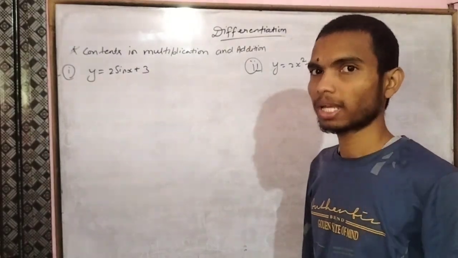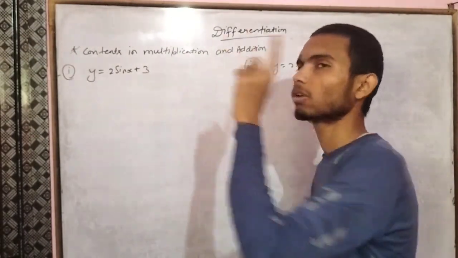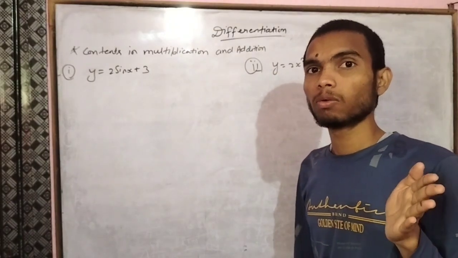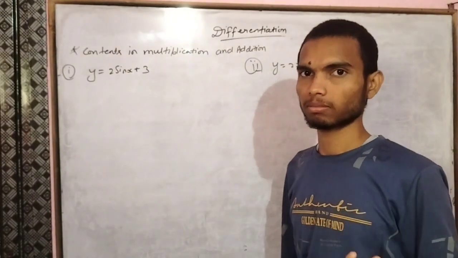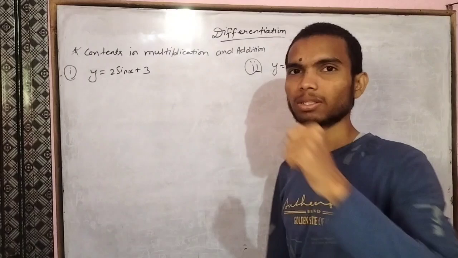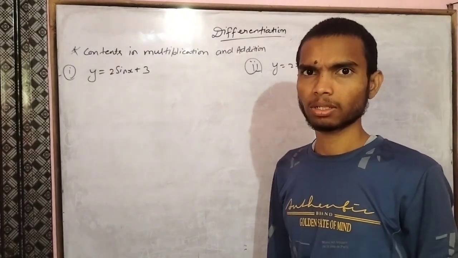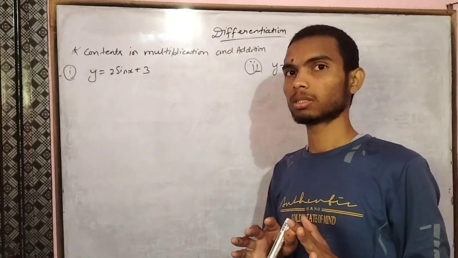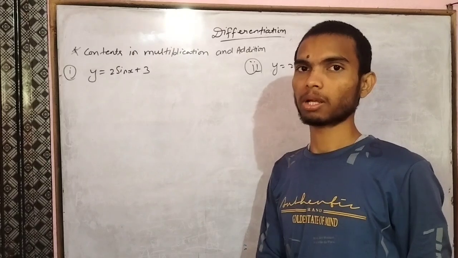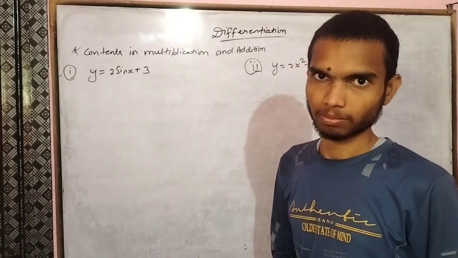Now we can observe that we have an equation which is in multiplication with addition. 2 is with sin x, which is in multiplication, and 3 is with addition.